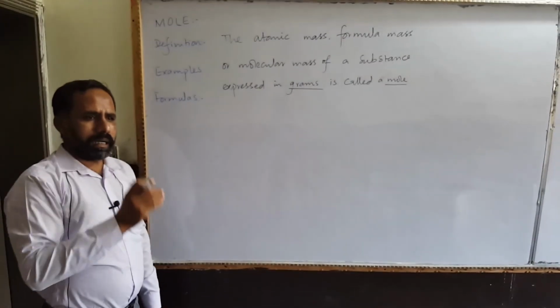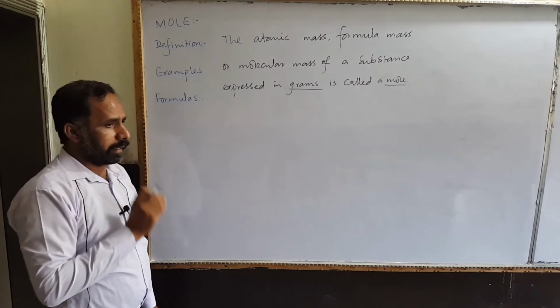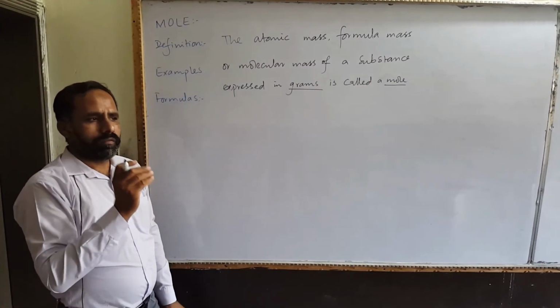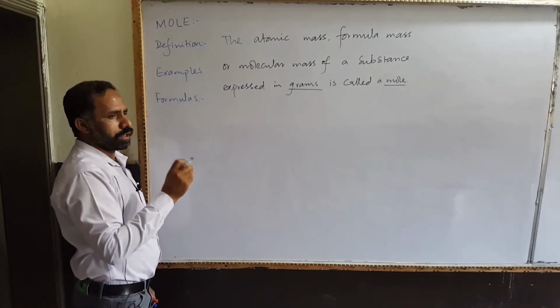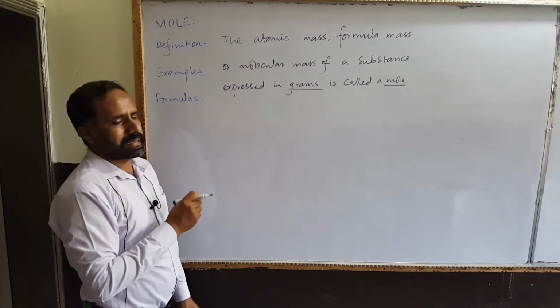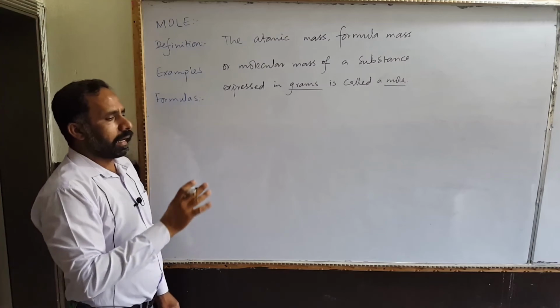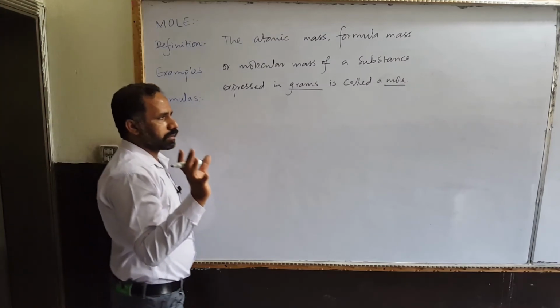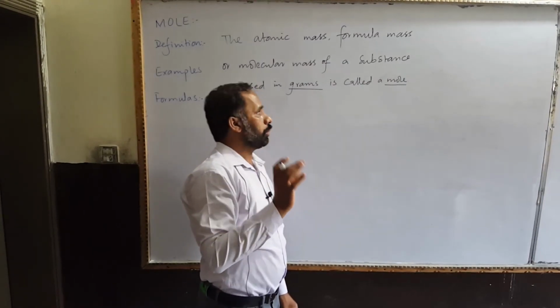It means the mass of any substance in grams is called a mole. If we have an atomic mass, formula mass or molecular mass calculation, we can take the value from the atomic mass, formula mass or molecular mass and then take it in the unit of gram. The mass of a substance taken in grams is called a mole.